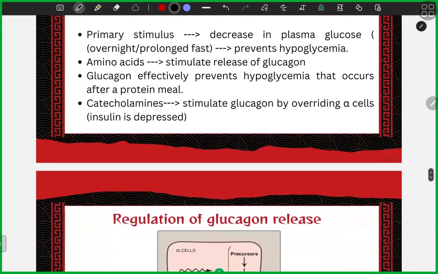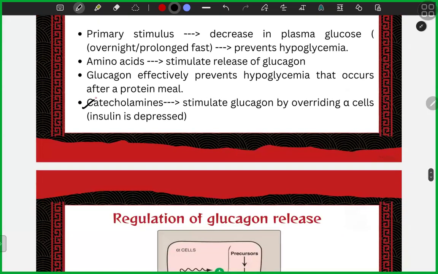Then you have catecholamines. Catecholamines, again norepinephrine and epinephrine, stimulate glucagon by acting on alpha cells. Before, they went into beta cells and stopped insulin. When they stopped insulin, they increased the glucose.